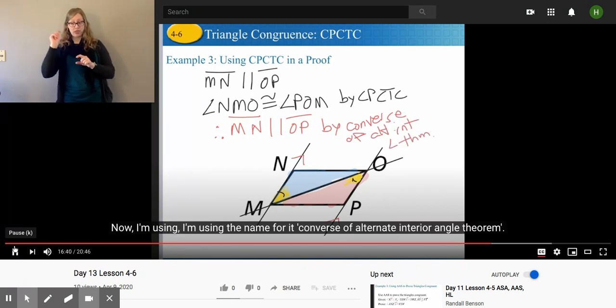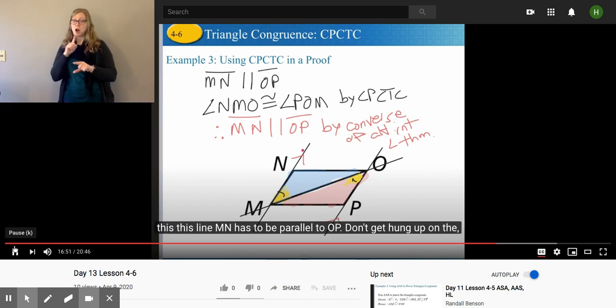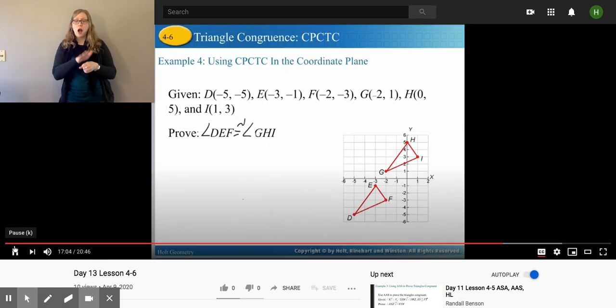Now I'm using the name for it, converse of alternate interior angle theorem, but it's perfectly good if you can say, well, because these alternate interior angles are congruent, this line MN has to be parallel to OP. Don't get hung up on the names for things. You can just explain your reasoning, and that's good enough.